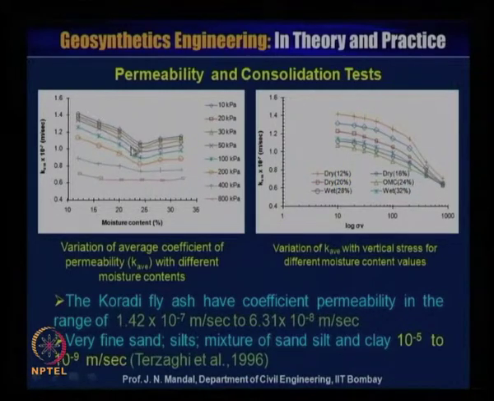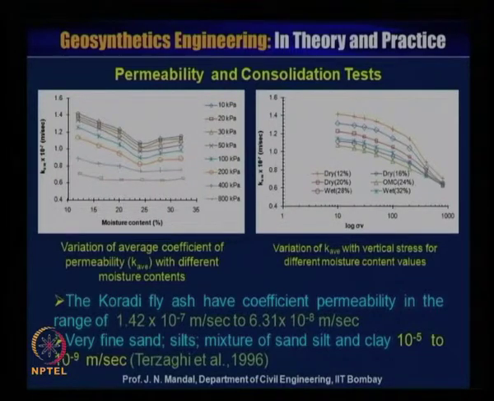And you find that Class F fly ash has a coefficient of permeability in the range of 1.42 × 10^-7 meters per second to 6.31 × 10^-8 meters per second.